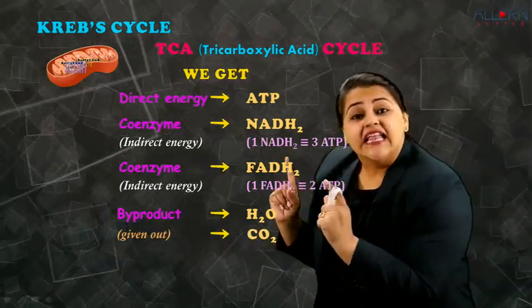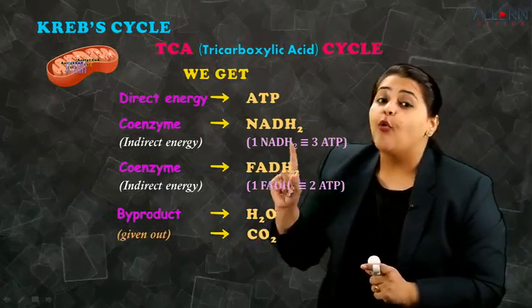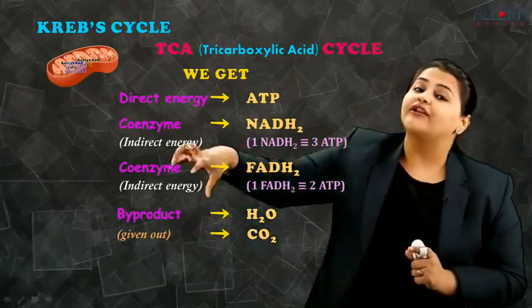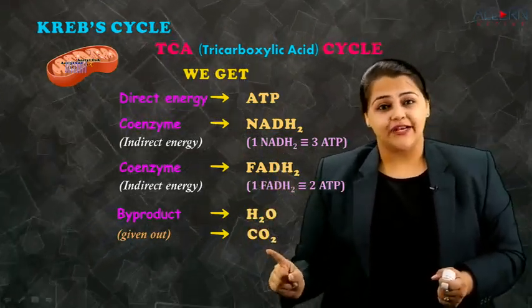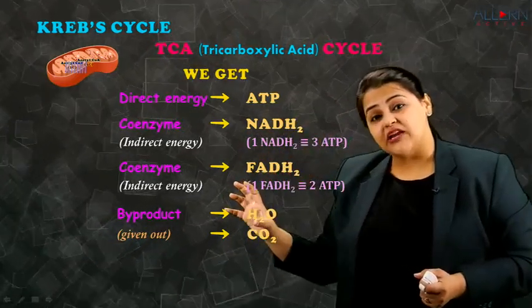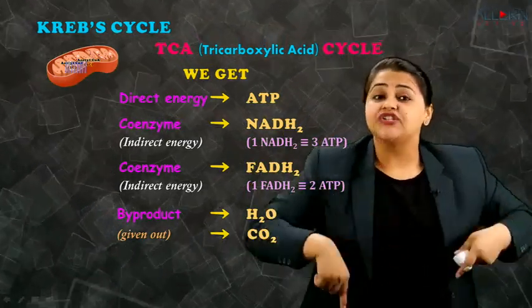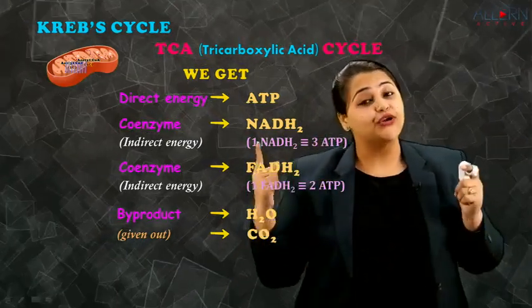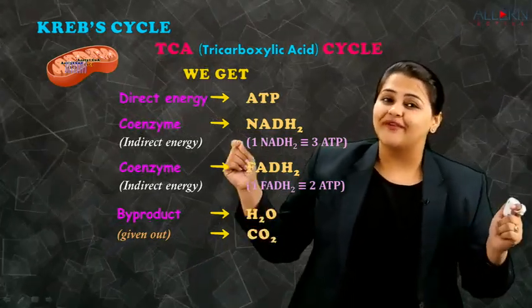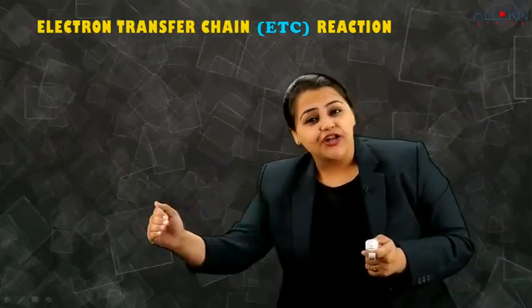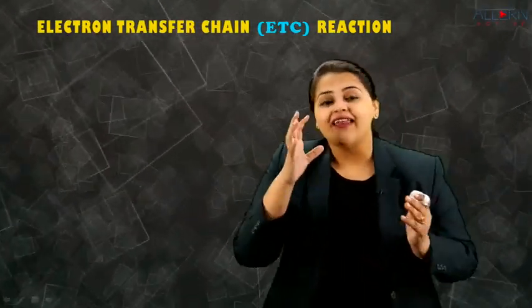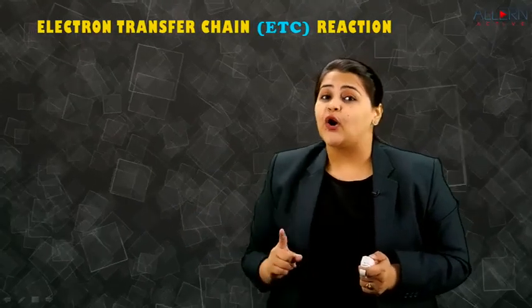It is this carbon dioxide that will enter the bloodstream, go to the alveoli, get exchanged and be breathed out during our normal breathing. That is how the Krebs cycle occurs. Now, the last stage of energy production is the electron transfer chain, which again happens inside the mitochondria.